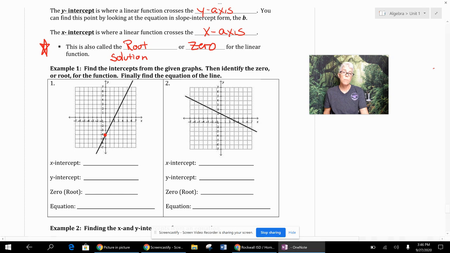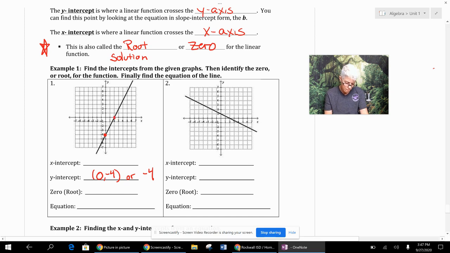The ordered pair for that is (0, -4), or you might just say that the y-intercept is negative 4. That comes up as a question a lot when the question says, what is the y-intercept? And one person writes (0, -4), and the other person puts negative 4. Technically, they're both correct, but really and truly, you just have to say the negative 4.